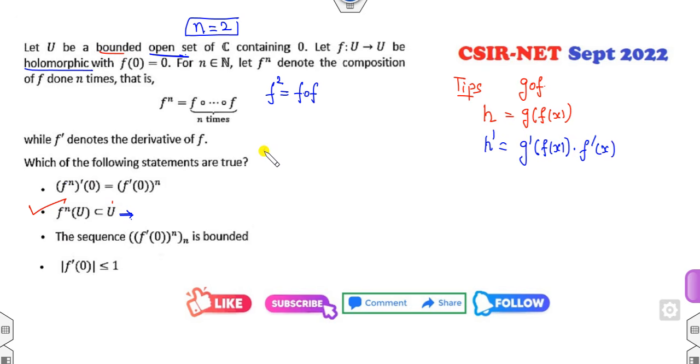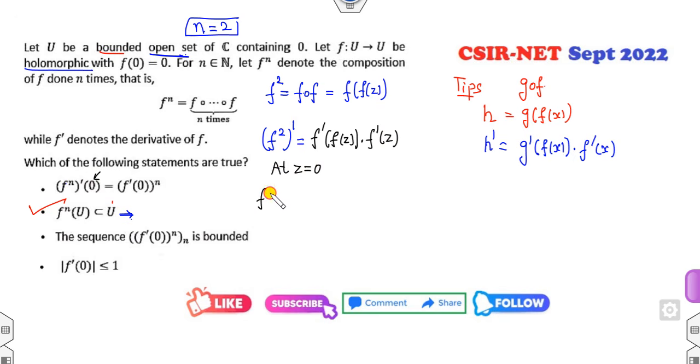Fine. So now similarly, how you can find the derivative of this? I can write this is f of z. It will be f dash of this into f dash of z. Now your target is to find the derivative values at the point 0.